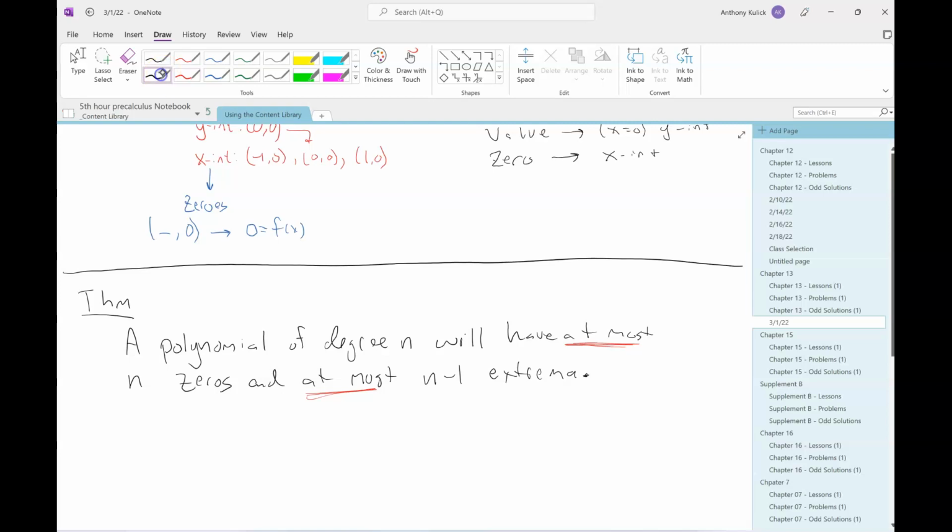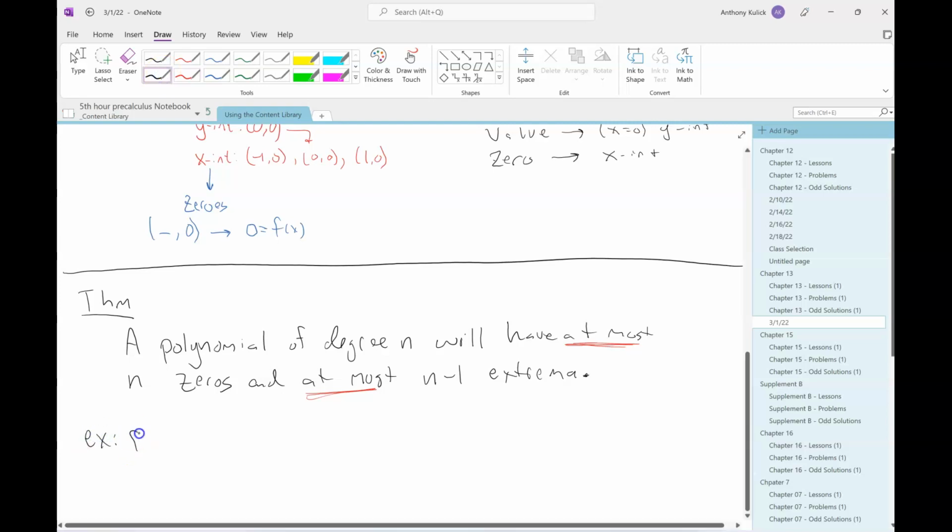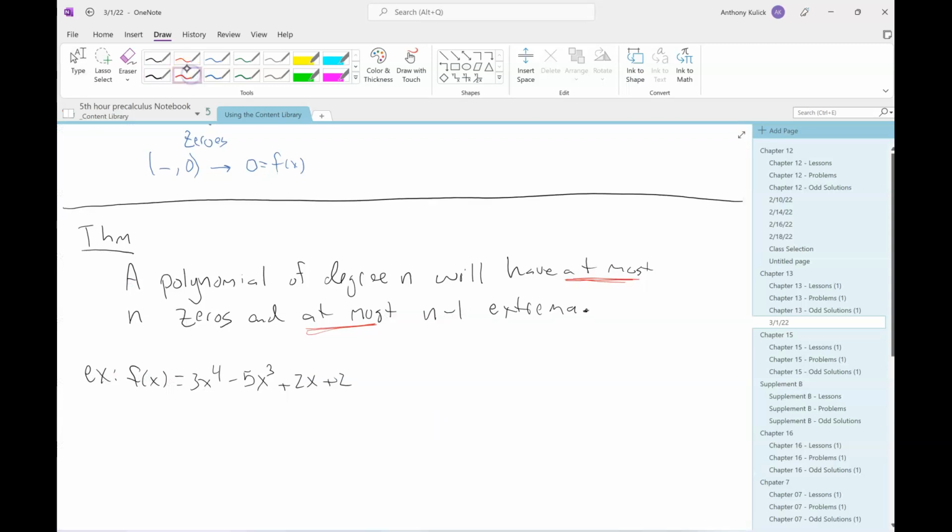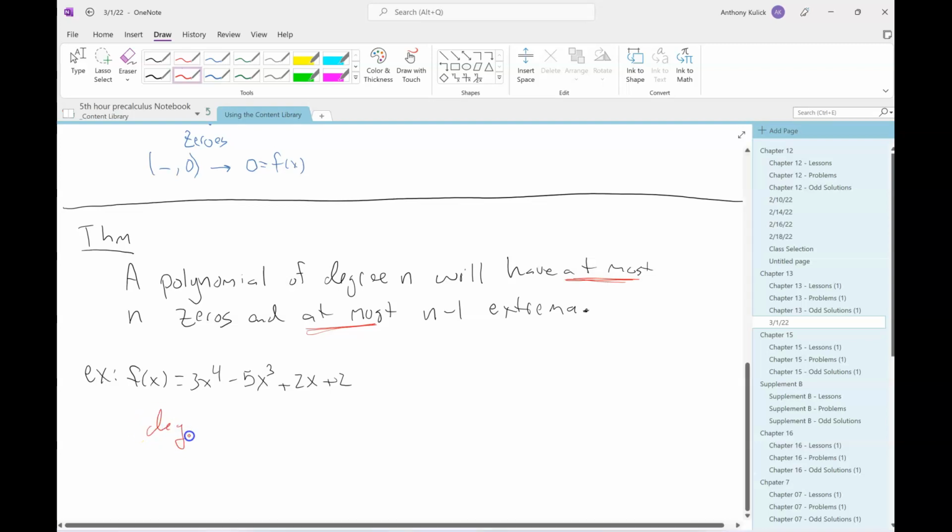So for example here, say that we have this polynomial. What's the degree for this polynomial? It's 4.